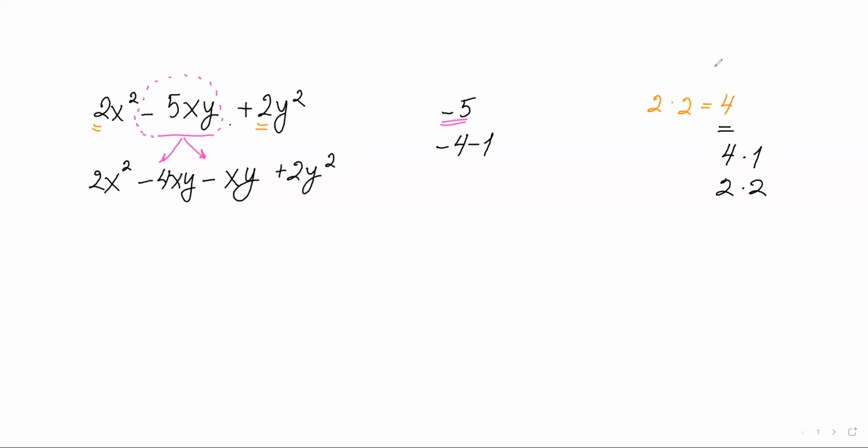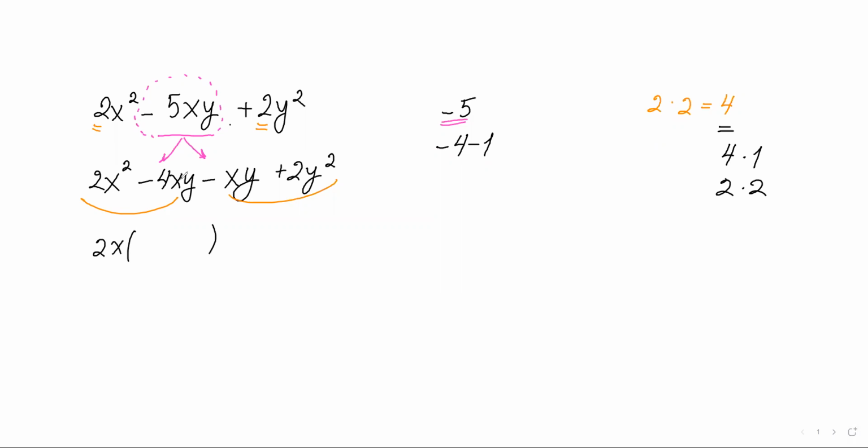So now I have 4 terms, and I'm going to group them into the left and right group. Between two groups, we have to decide what are common factors. What do these groups share? So what do you see in the left group? They share 2, and they share x.